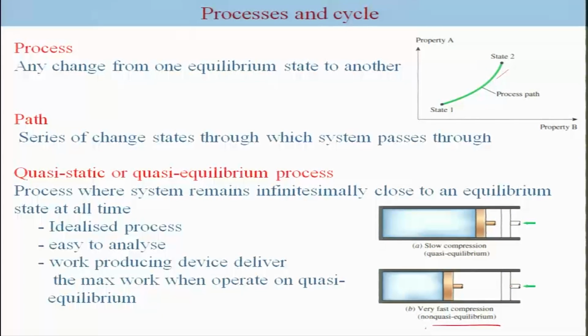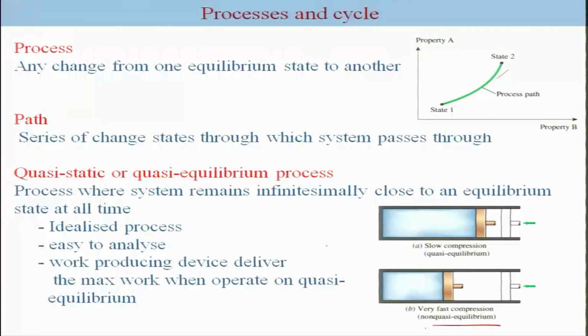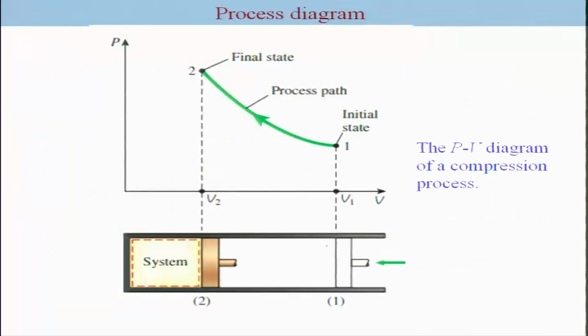There is a reason for making an assumption like this: by considering quasi static equilibrium processes, we can idealize processes and analyze devices and find out the maximum work to be done or the minimum work required, for example, by a pump in order to operate, or similarly the work produced in devices such as a turbine, how much maximum work can be extracted from there. So, this is all based on the quasi equilibrium concepts.